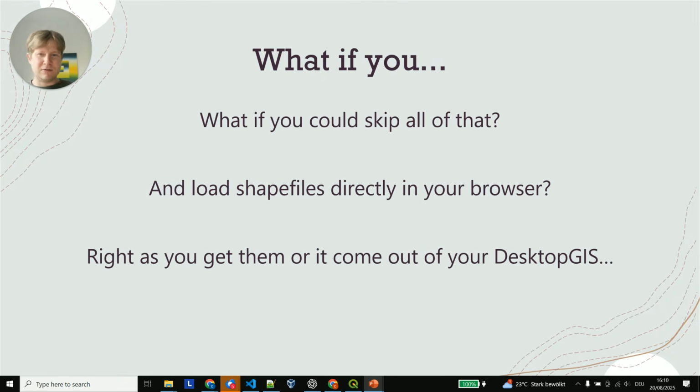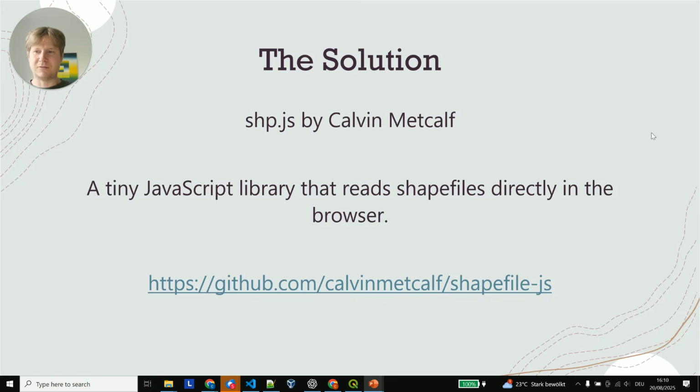But what if you could skip all of that and load the shapefiles directly in your browser? That would be cool, right? Right as you get them from someone else, or it comes out of your own desktop GIS software.